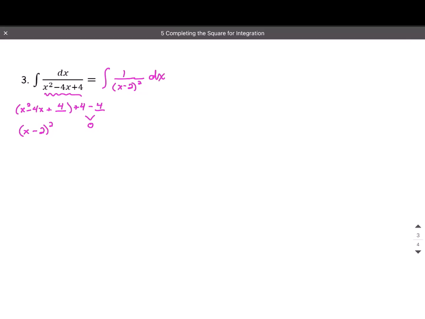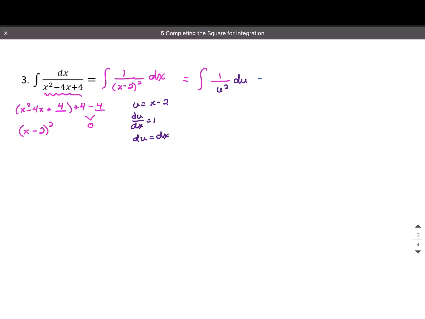So now we look at that and say, what can we do? Well, now I have a fraction, so I'm going to let my u be x minus 2, and du dx is 1, which means my du is dx. So I can now rewrite this as the integral of 1 over u squared du.